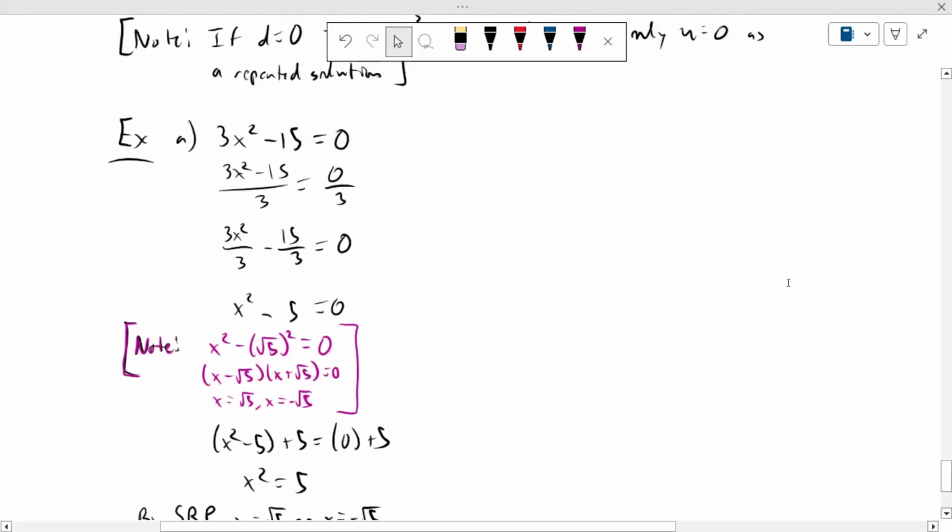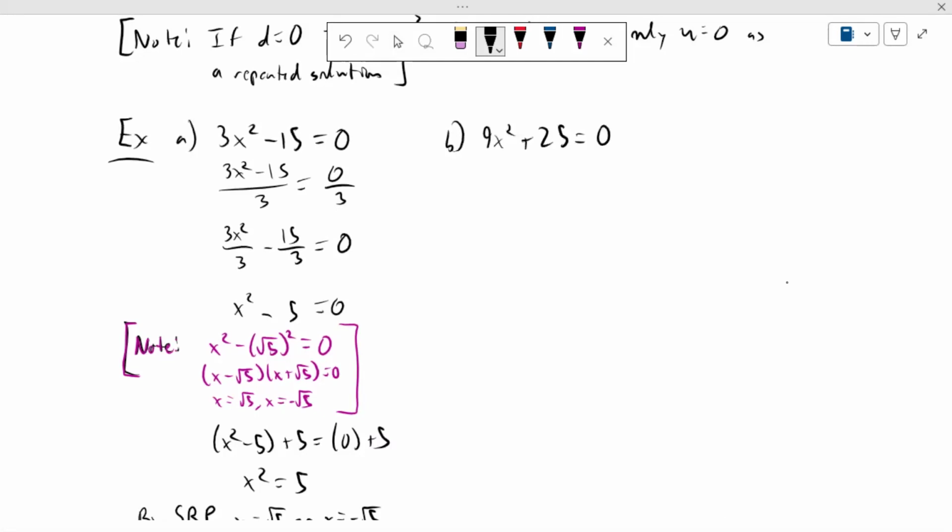Okay, so now let's try another problem here. This time we have 9x squared plus 25 is equal to 0. I'll start off by subtracting 25 on both sides. So 9x squared plus 25 minus 25 is equal to 0 minus 25.